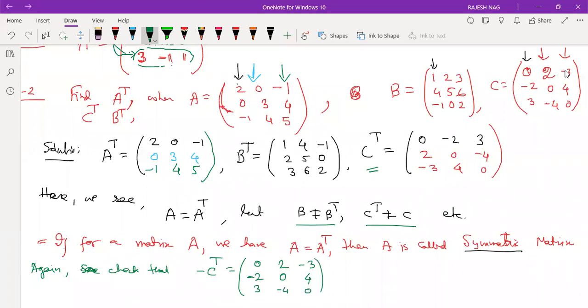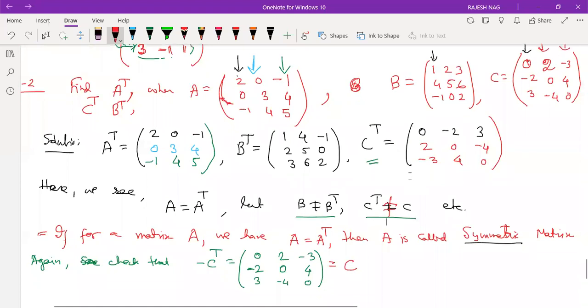And you see, we actually get C. Although CT is not equal to C for this case, if luckily we multiply C transpose with minus 1, we get C.